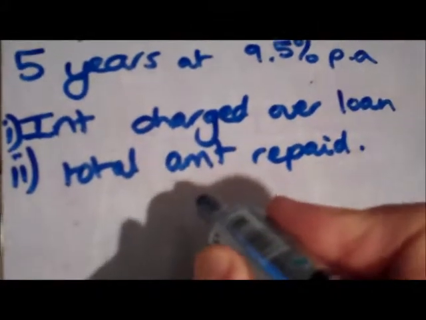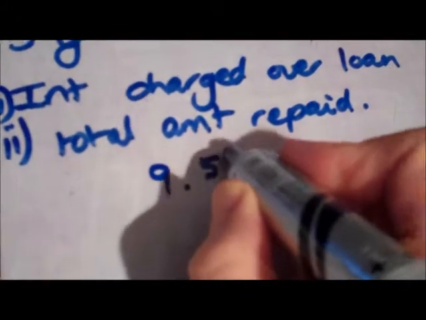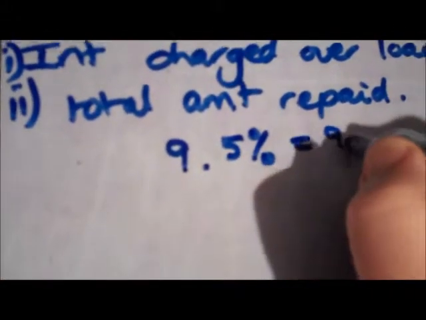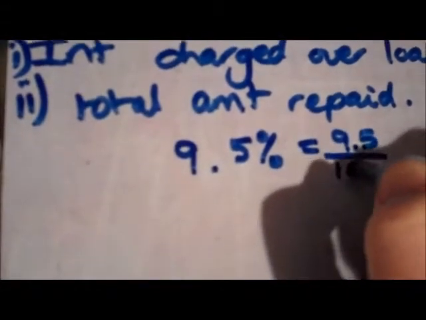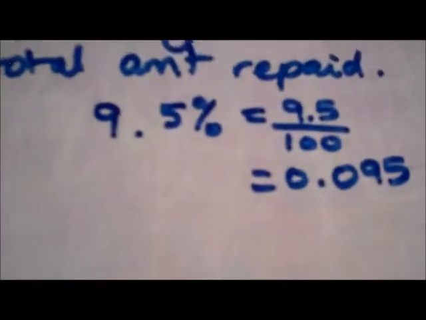The first thing you need to do is change 9.5% to a decimal. So that's 9.5 divided by 100, which equals 0.095.